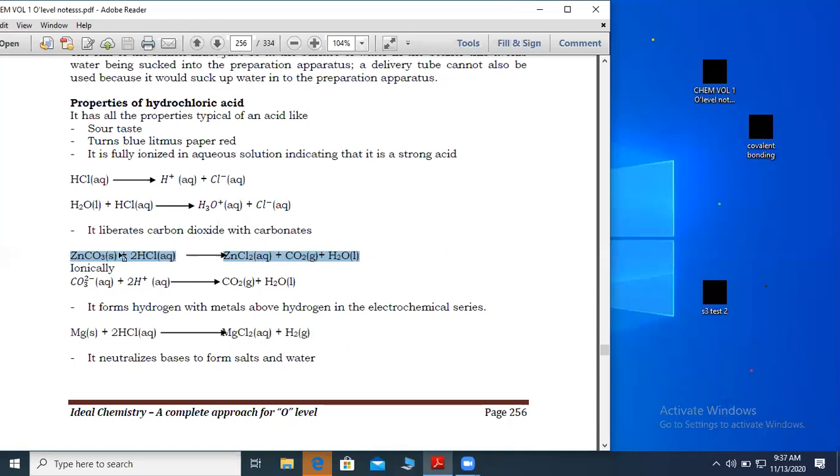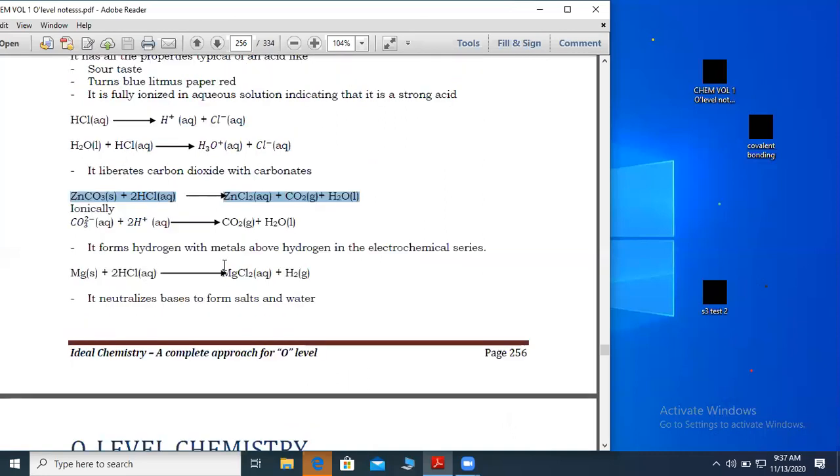This reaction can be used in preparation of salts, to prepare zinc chloride, as you can see. Remember that. So the ionic equation: you have carbonate ions plus hydrogen ions from the acid, and the product is carbon dioxide plus water.